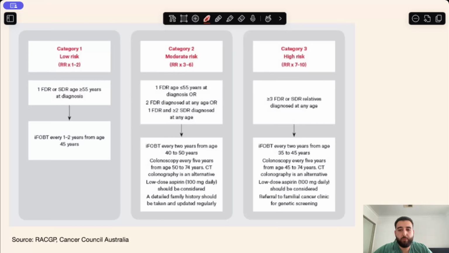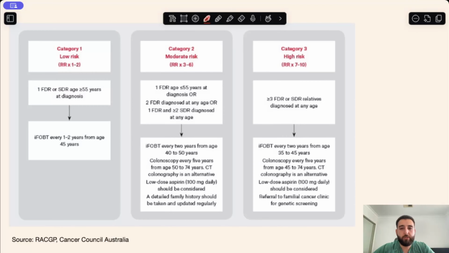This group go through the National Bowel Cancer Screening Program. So they get fecal occult blood test screening every 2 years from the age of 45 to 74. And this is updated guidelines in Australia from July 2024.